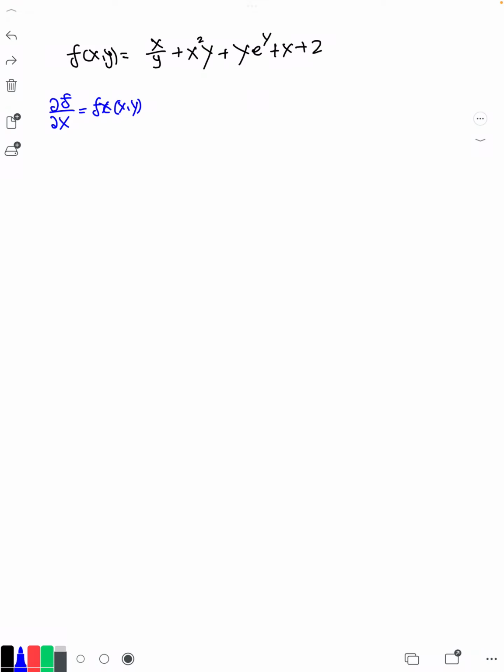Okay, so we're going to have the quotient rule. We're going to have f is x, g is y, f prime is 1, and g prime is going to be 0 because we derive it based on x. So we're going to have y minus 0 divided by y to the power of 2, which is y divided by y to the power of 2, which gives us 1 over y.